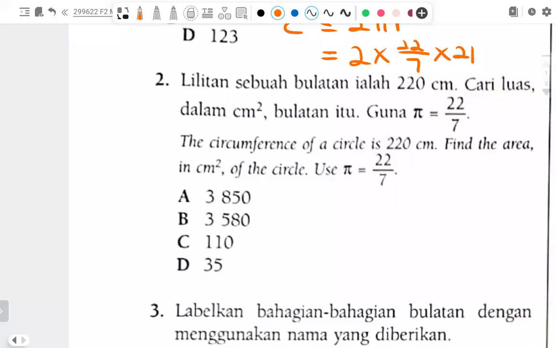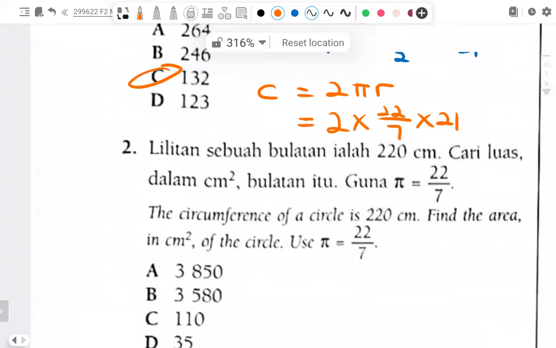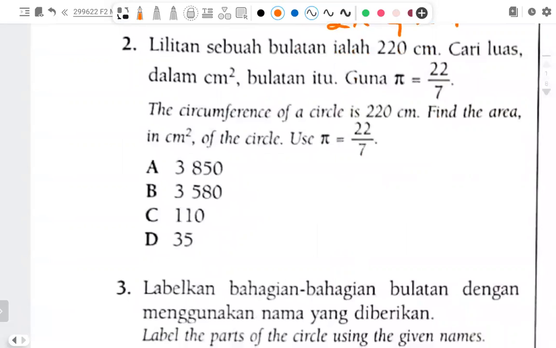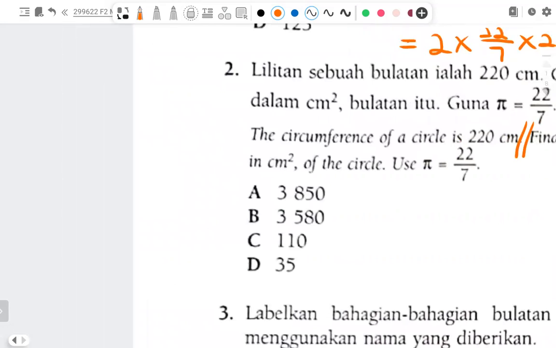Okay, let's go on for number two. Number two, okay, here. The circumference of a circle is 220 centimeter. Oh, this one has two parts. Find the area in centimeter square of the circle. So meaning, we have to find out the radius first.